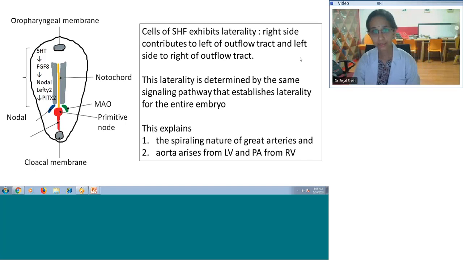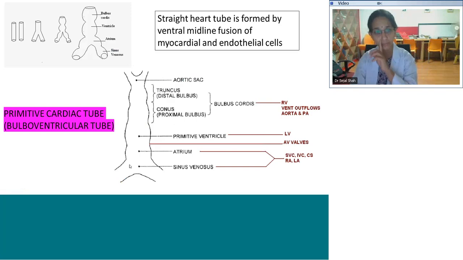So this is about the secondary heart field. Coming back to the primordial cardiac cells, what happens to those cells is the slow formation of the cardiogenic tubes, and then a single heart tube is formed by fusion in the midline ventrally of the myocardial cells and the endothelial cells.